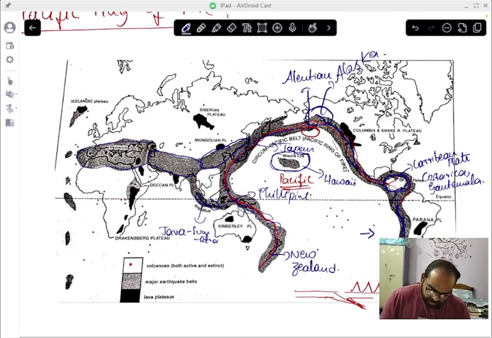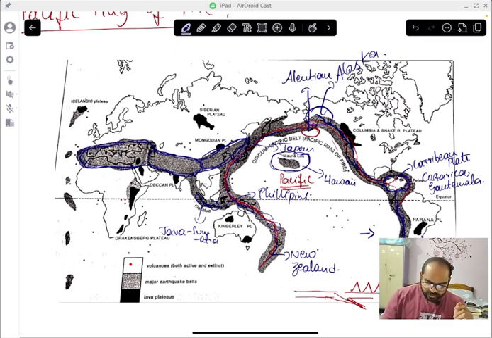This is a continuous belt. Why? Due to divergence of the African plate and the Arabian plate, we can see earthquakes here. Due to this divergence only, the Red Sea is formed. Due to divergence, the block gets subsided down, and we can experience earthquakes in this region, the north part of Africa, the Arabian region, the Central Asian region, and the Himalayan region, that extends from Afghanistan to Tibet.